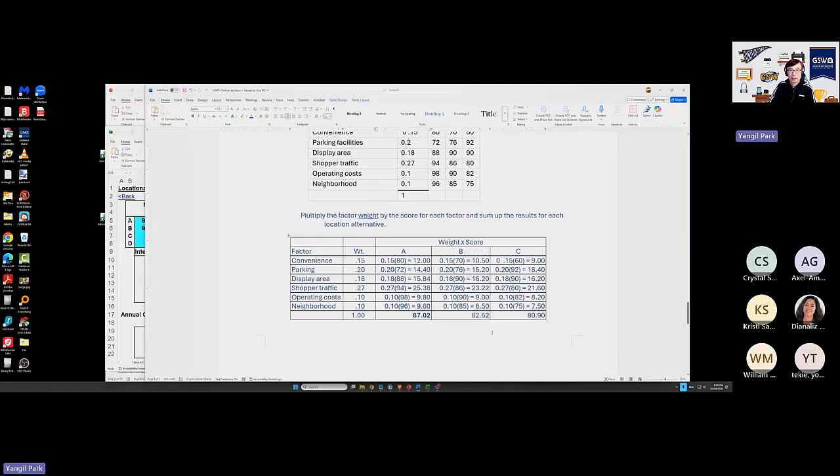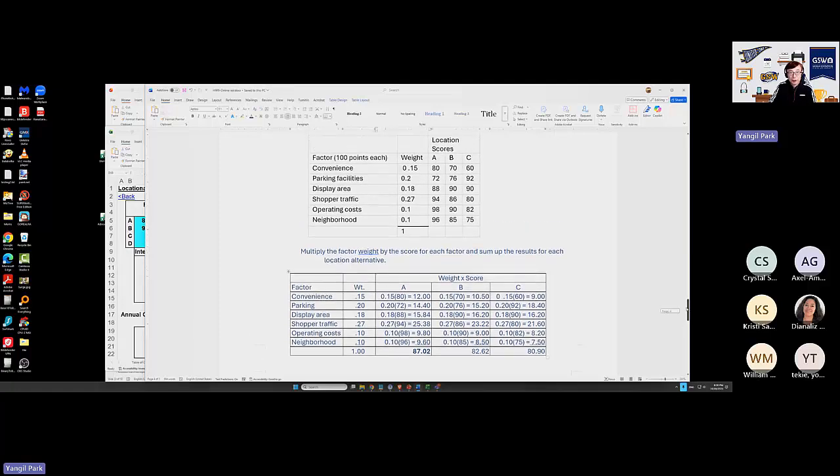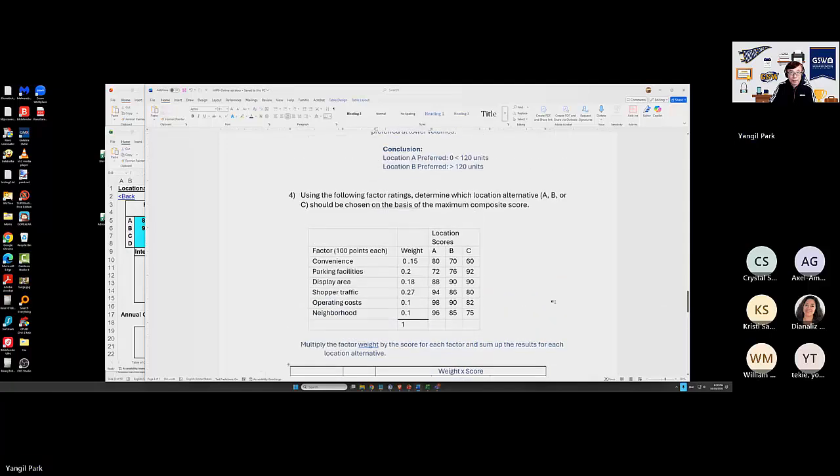Okay, so it looks like location A has the highest score, so we can choose location A based on this factor rating, the weights basically. So I think factor rating is pretty straightforward. At least this question. We can make the factors more complicated, but I don't think you're going to go that far.